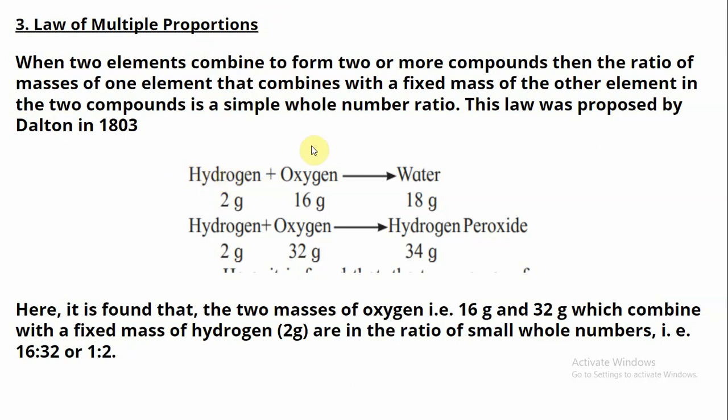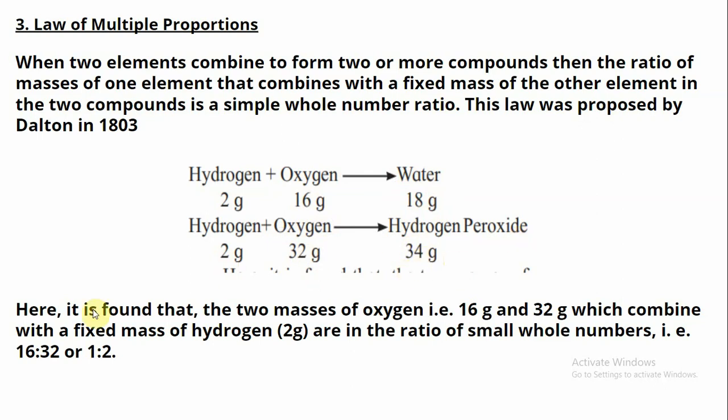Hydrogen plus oxygen converts to water. We already know this. 2 gram of hydrogen plus 16 gram of oxygen converts into 18 gram of water. And here also hydrogen 2 gram, oxygen 32 gram, and here hydrogen peroxide is produced.